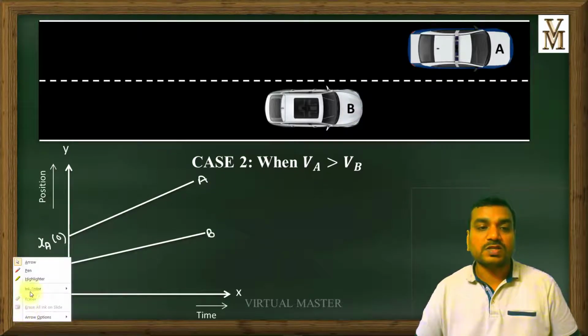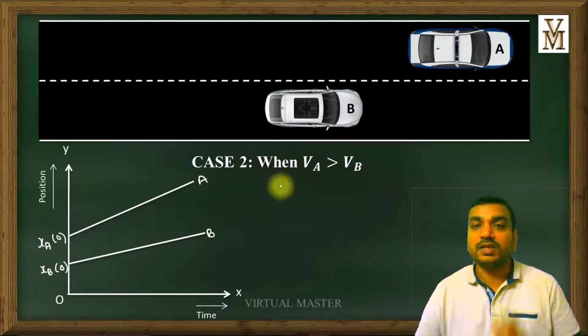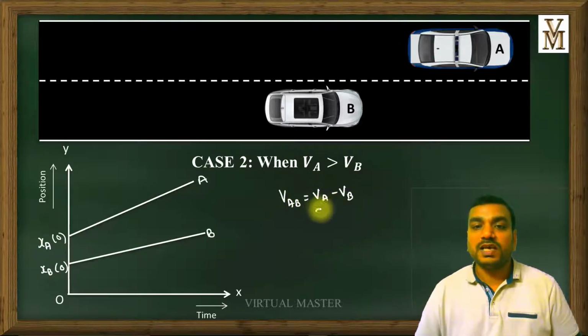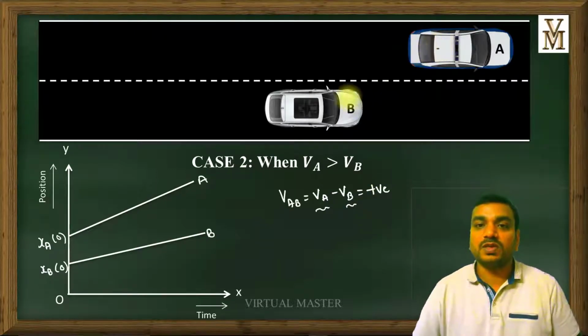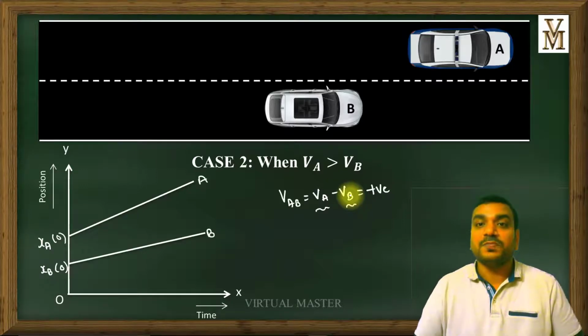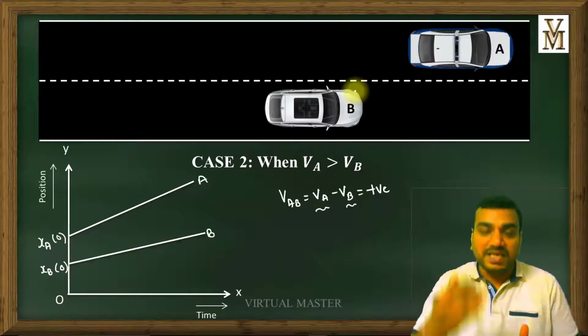If we use the relative velocity formula, that is, if we find the relative velocity of car A with respect to car B, that is VAB will be equal to VA minus VB. Since VA is greater than VB, the difference VA minus VB will always be positive, which means the distance between car A and car B goes on increasing after each second.